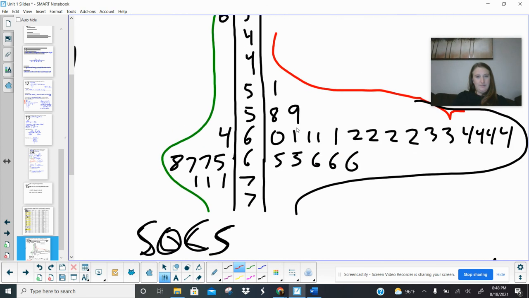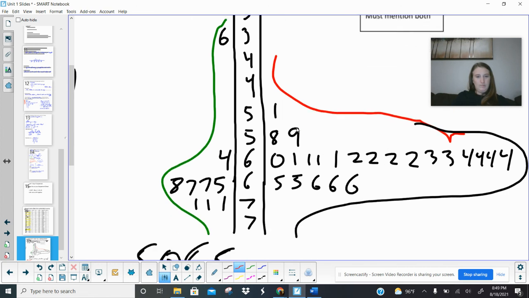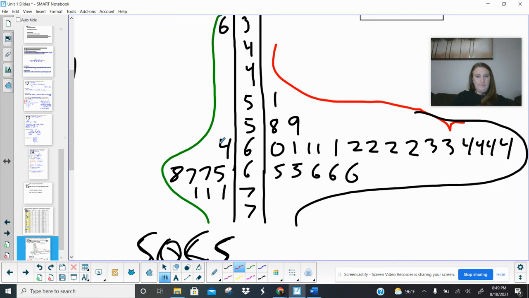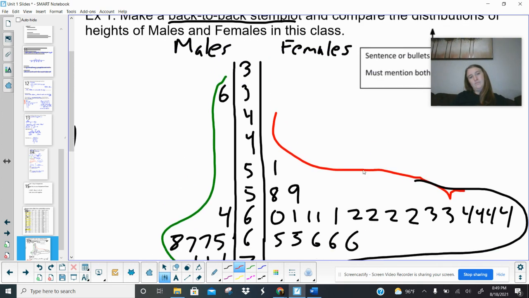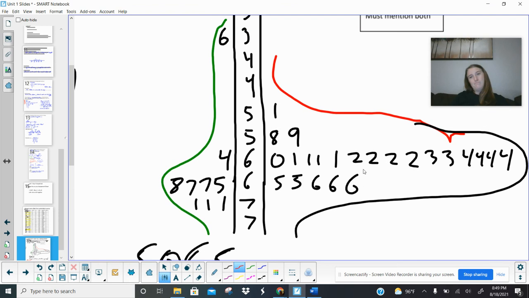How do I want to attack this? It's hard when the data doesn't look pretty.